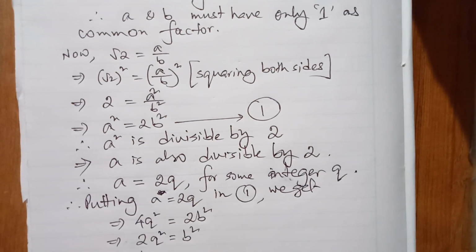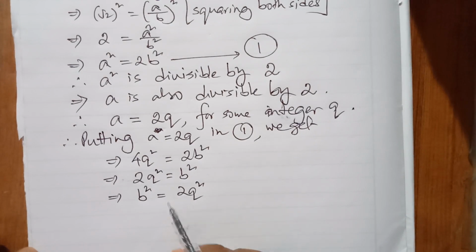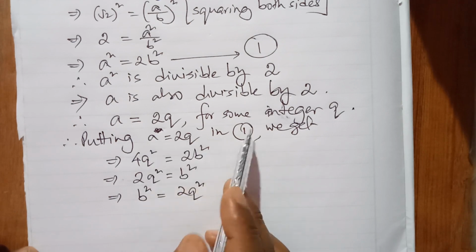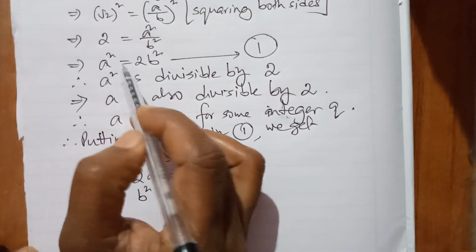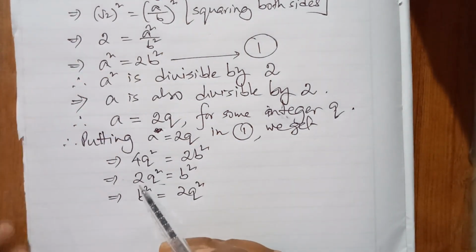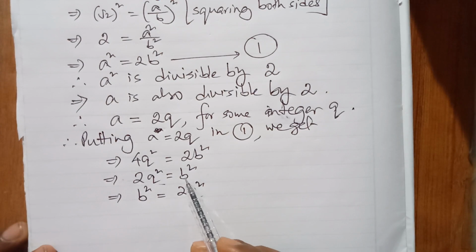So this implies b square equal to twice q square. Left hand side 4q square equal to 2b square, both sides 2 cancel, so 2q square equal to b square. Now b square I have written left hand side, b square equal to 2q square.